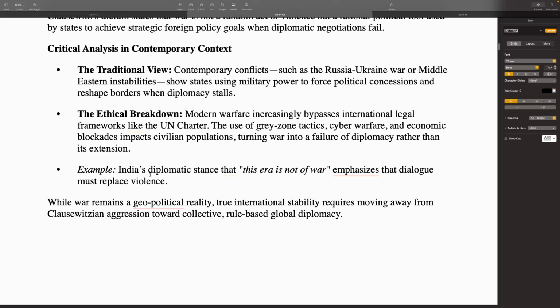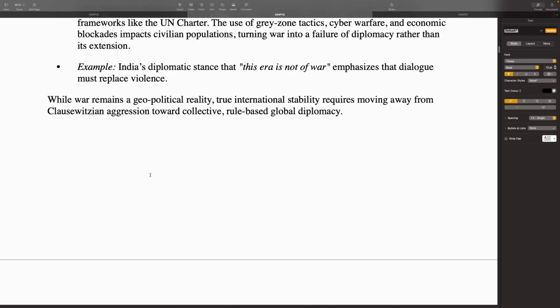Example: India's diplomatic stance that this era is not of war emphasizes that dialogue must replace violence. While war remains a geopolitical reality, true international stability requires moving away from Clausewitzian aggression toward collective rule-based global diplomacy.